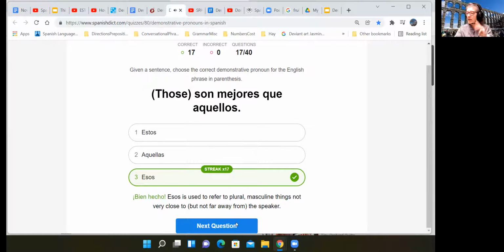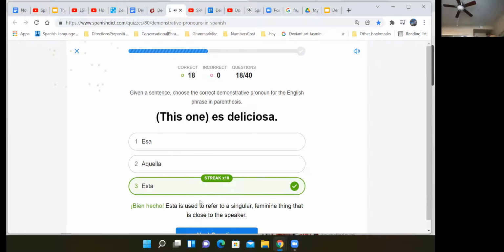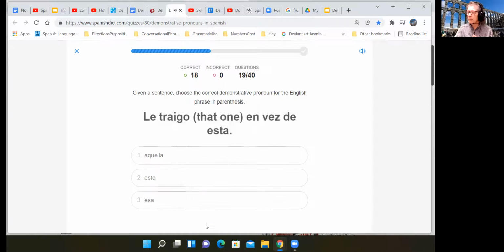We're gonna do just a couple more and then I'm gonna leave the rest for you to check yourselves. This one is deliciosa. Esta es deliciosa. Bien. Le traigo, I'm bringing him, esa.